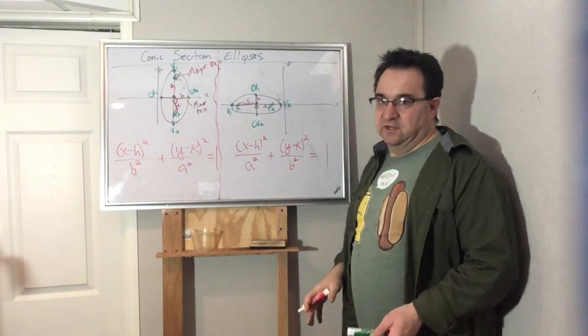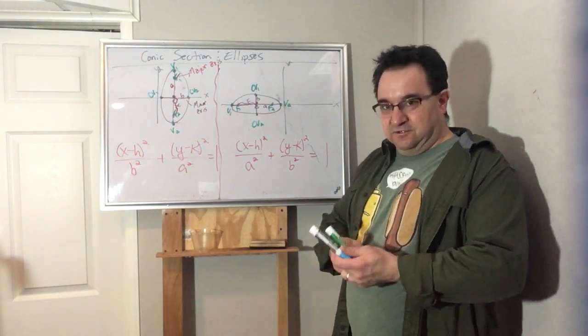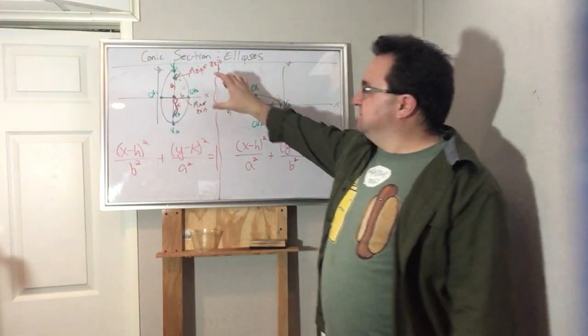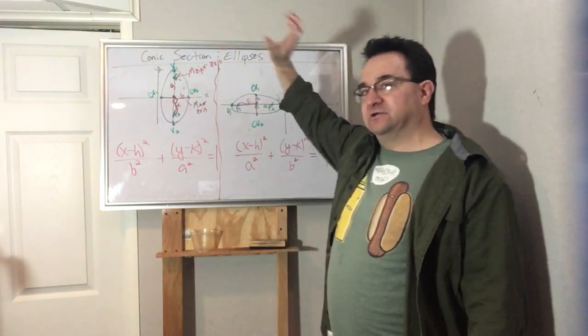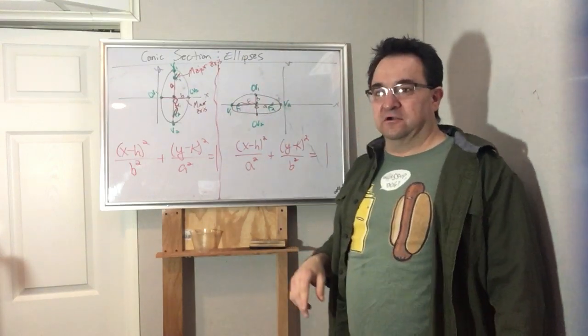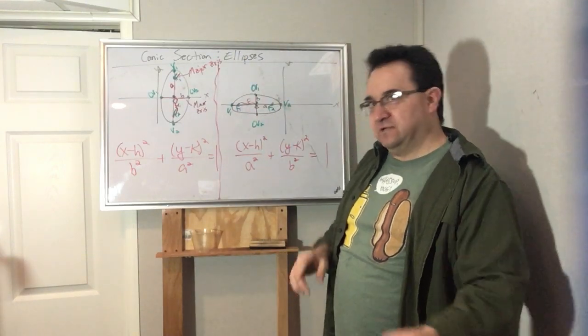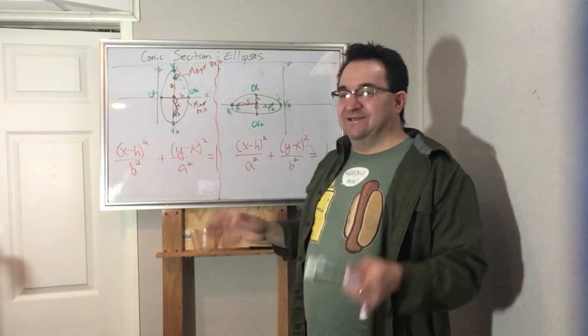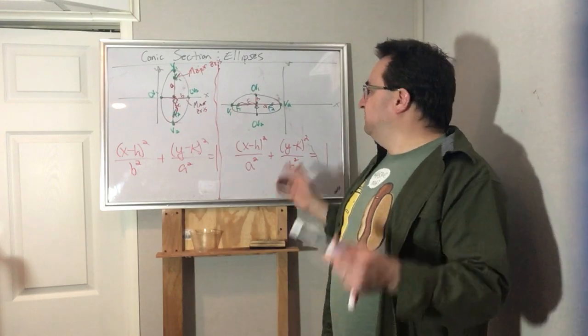Now look at those. Those are almost identical. So remember, A is going to be the distance from the center to the longer side, the vertex. A is always going to be longer than B for an ellipse, not a hyperbola, which is coming later.